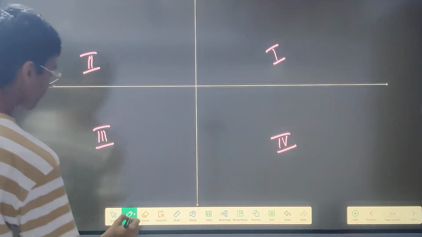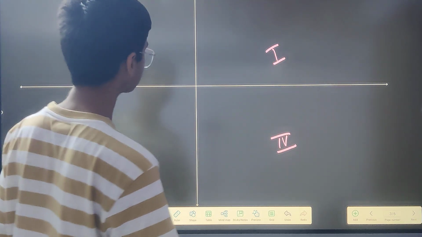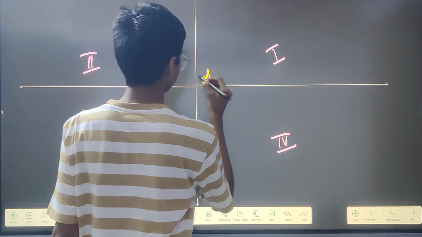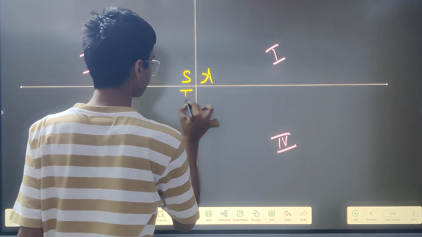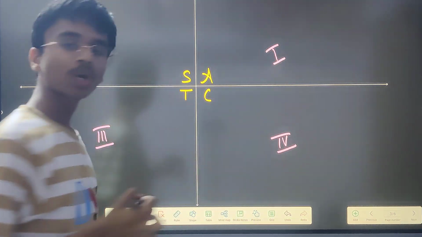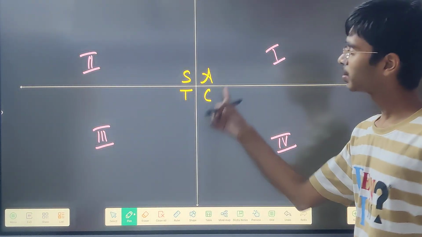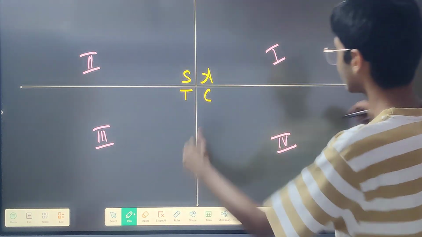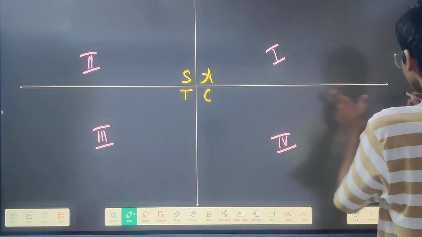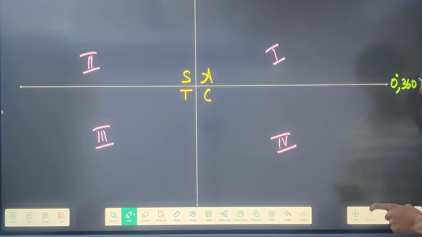Here we have one mnemonic: All Silver Tea Cups. What does it mean? We will discuss this mnemonic later. Before that, we will write all the degrees. Here this line represents 0 degrees, or 360 degrees.